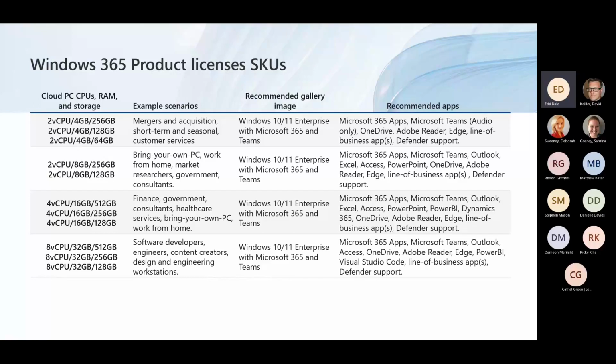For your common or garden office worker, your mobile work professional, things such as the 2 CPU 8 gig model. Again, office workers, market researchers, government, that sort of thing. So that gives you an idea of where this sits, and then all the way up to the other end of the scale with our high performance virtual desktops available within Windows 365.